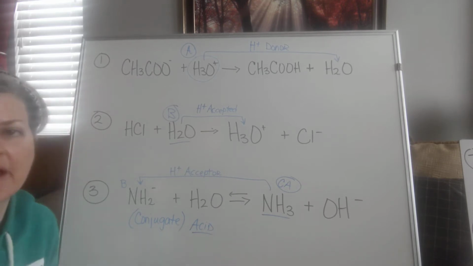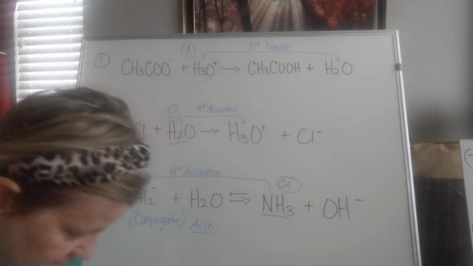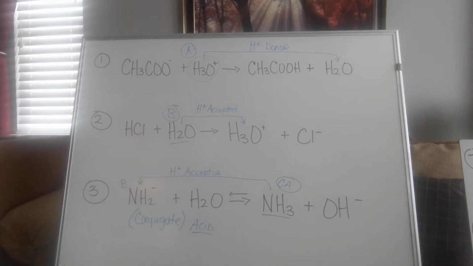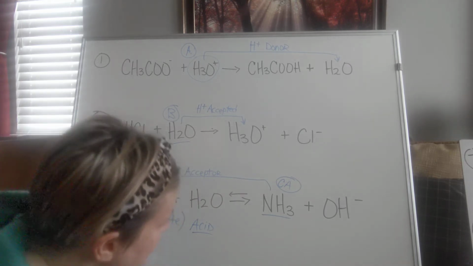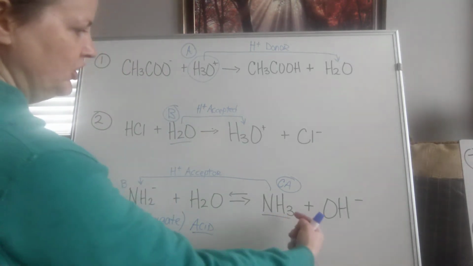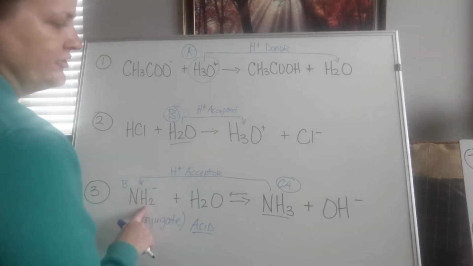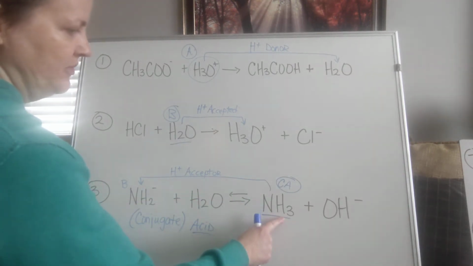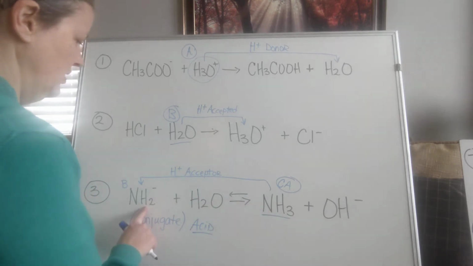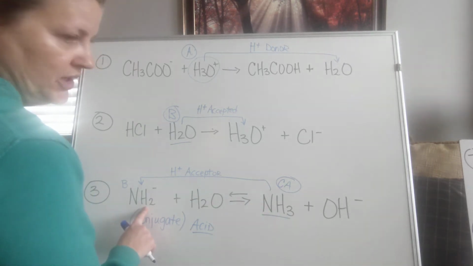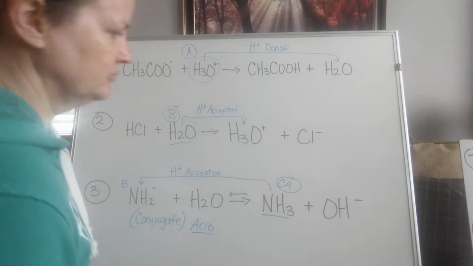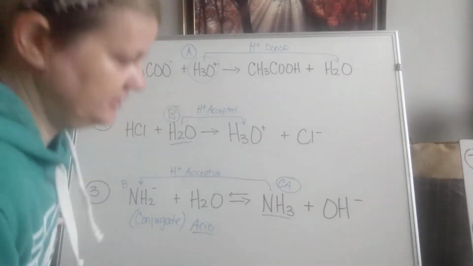So NH3 is actually an acid in the reverse. Hopefully that made sense, because NH3 going in the reverse direction loses a hydrogen ion. It goes from 3 hydrogens to 2 hydrogens. So losing is an acid.